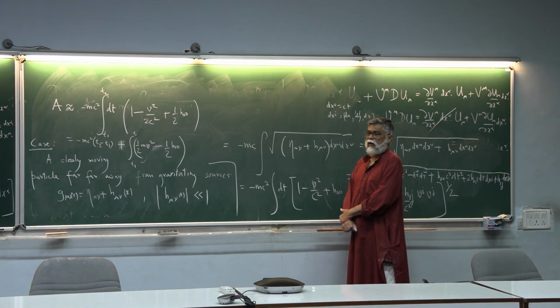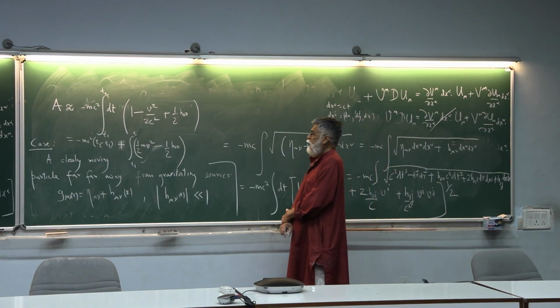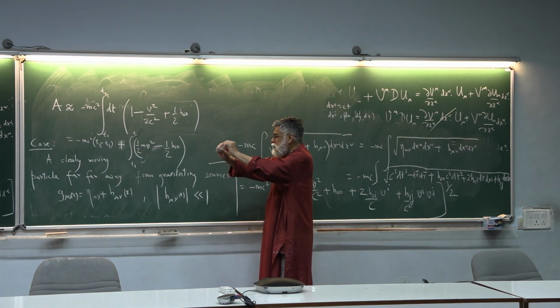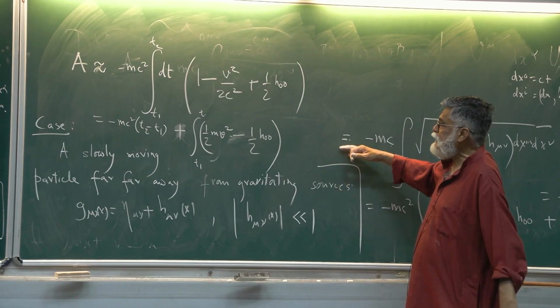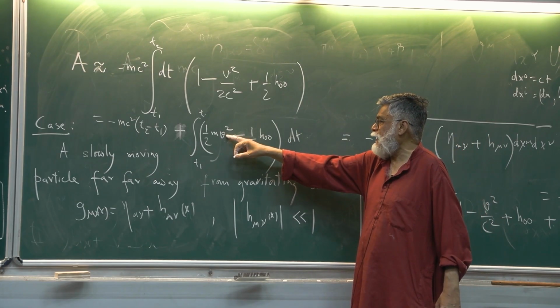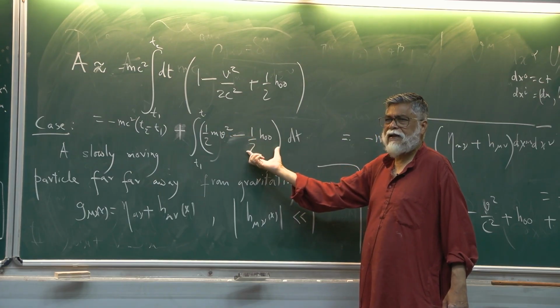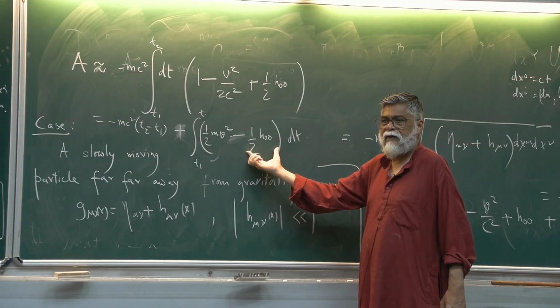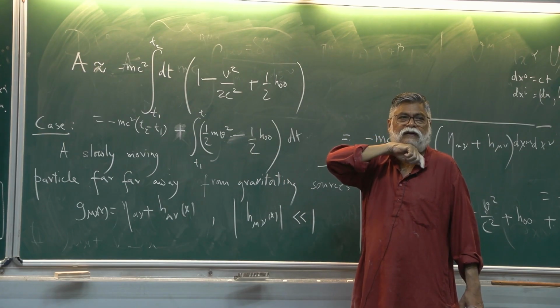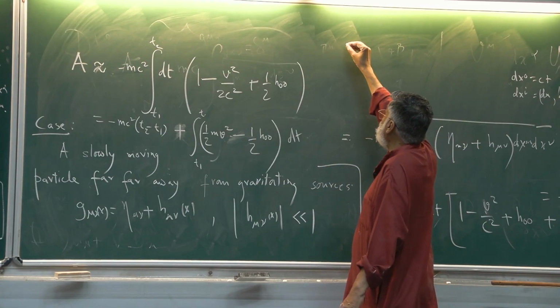So, what have we achieved? We say that for a slowly moving particle, in situations when the gravity is extremely tiny, the action is given by this quantity. That means the Lagrangian is half mv squared, kinetic energy, minus a potential energy. But if you write the Lagrangian for a particle moving in a gravitational field, what is the Lagrangian?